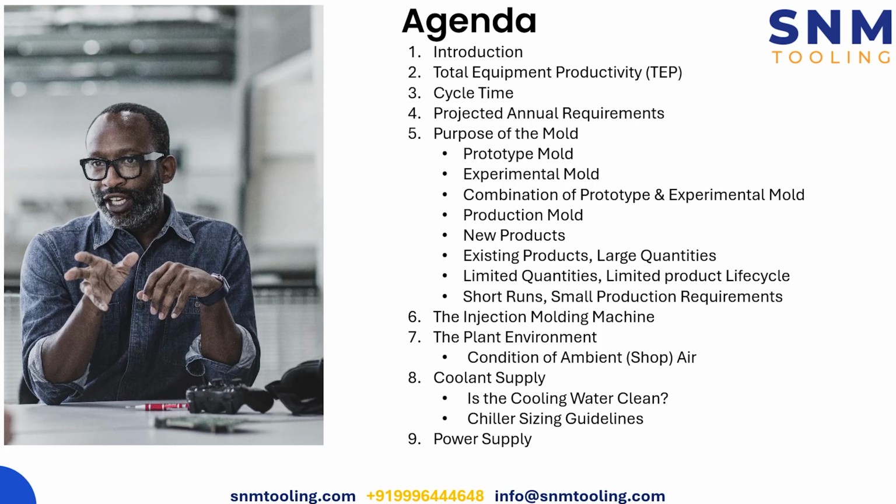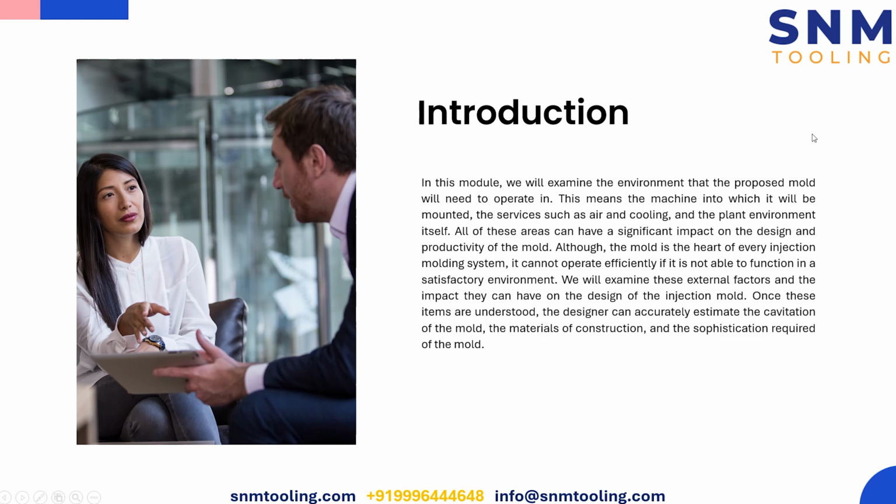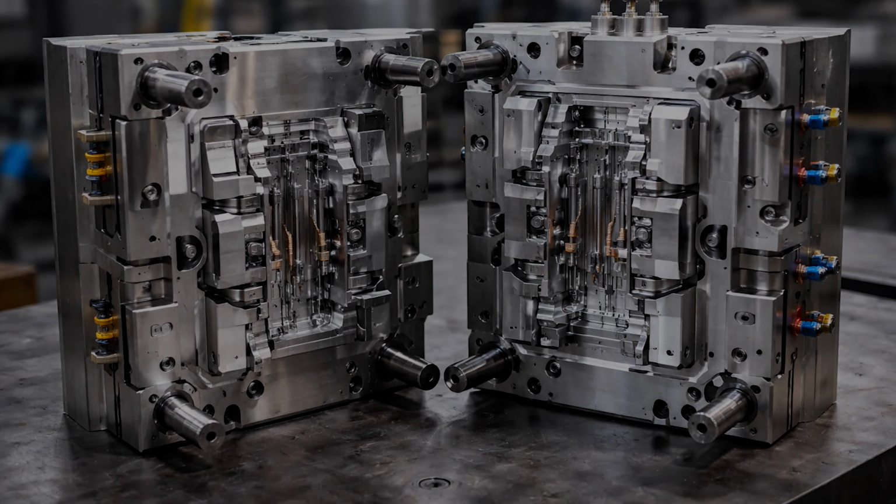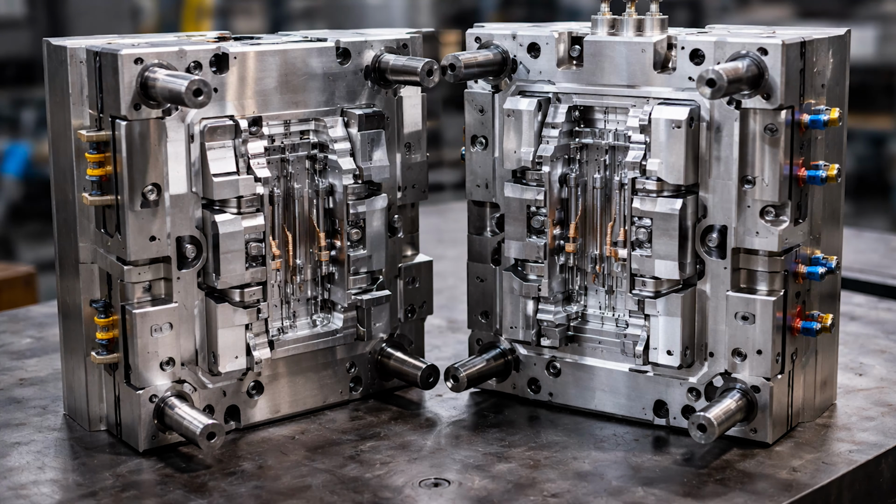So let me take you to the introduction. What exactly are the factors? There are different factors which decide how the mold has to be designed. A specific mold will always operate in a specific environment.